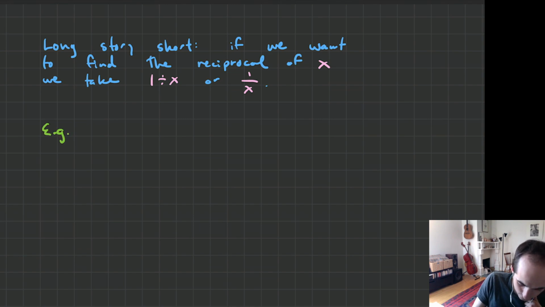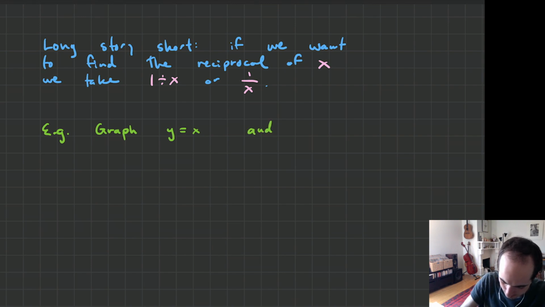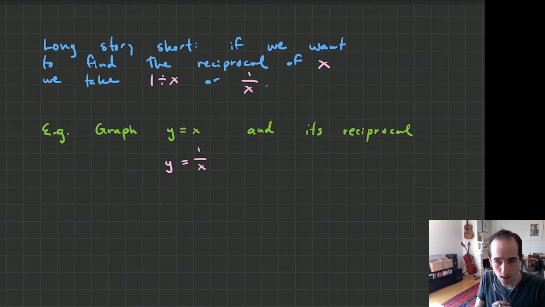I want to graph y equals x, just a regular run-of-the-mill, simple function, and its reciprocal, which would be y equals 1 over x. So the y stays the same. We're still graphing y as a function of x. It's the function itself. It's everything that y isn't.